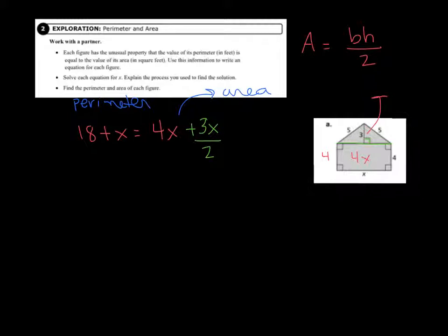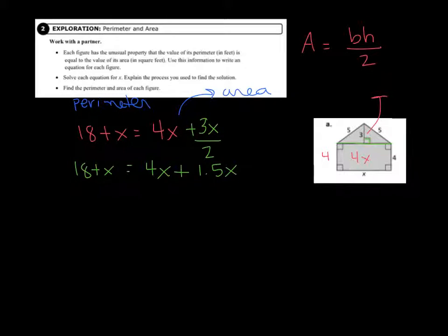In order to solve for x, when you have variables on both sides, the first thing you have to do is clean up your problem. Notice that I have some like terms over here. So I'm going to go ahead and change this into a decimal for you guys. So we have 18 plus x equals 4x plus 1.5x. That's what 3 over 2 is. It's 1.5.